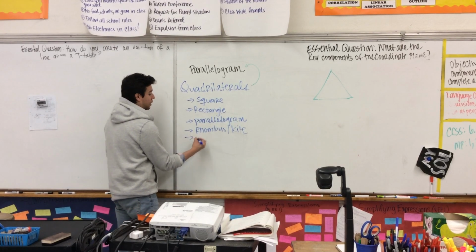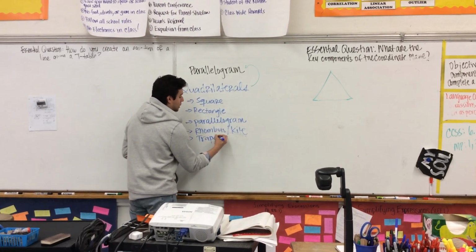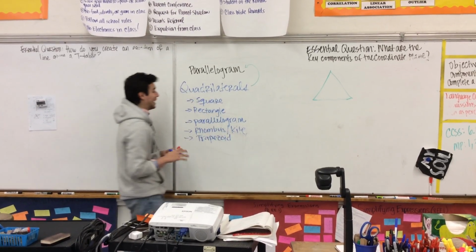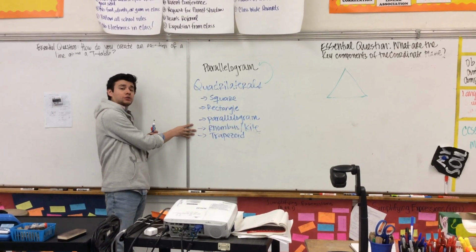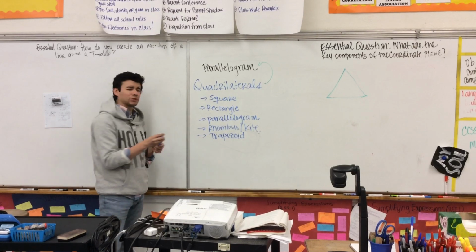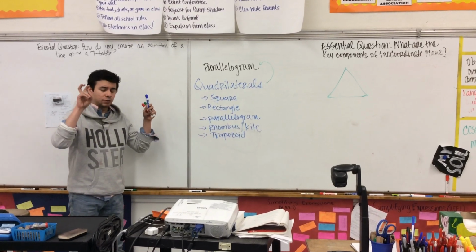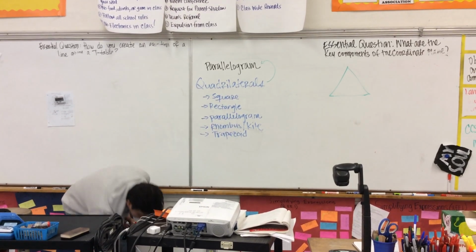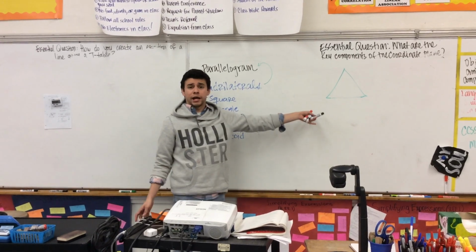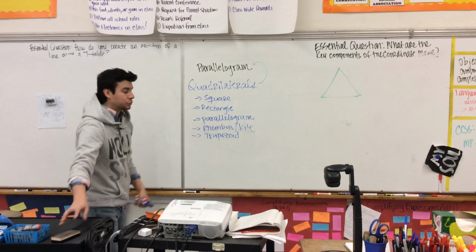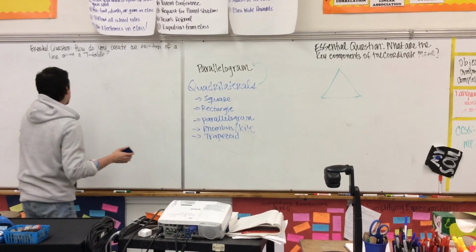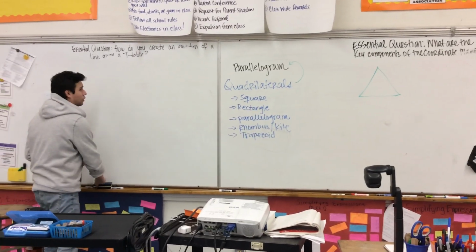The other quadrilateral we're going to go over is the trapezoid. Out of these 3 new quadrilaterals you're going to learn in 6th grade, the trapezoid is probably the most difficult one, basically the formula. We're also going to learn about the triangle, but first we're focusing on quadrilaterals. The first one we're going to emphasize is the parallelogram.